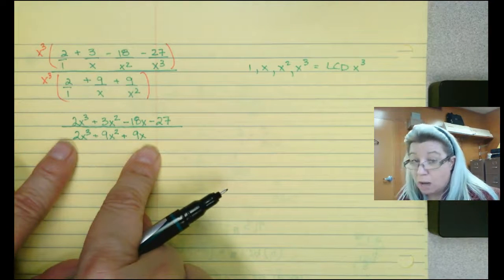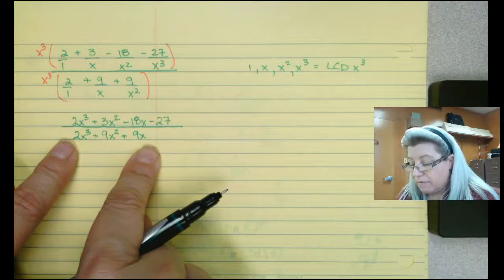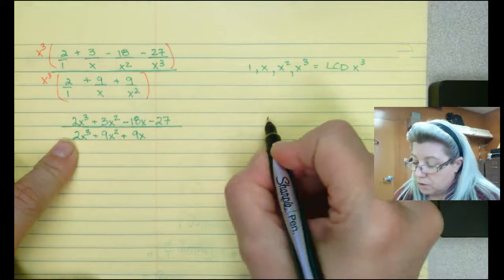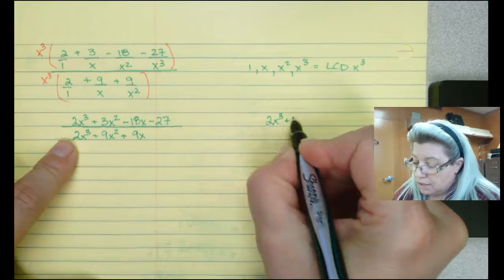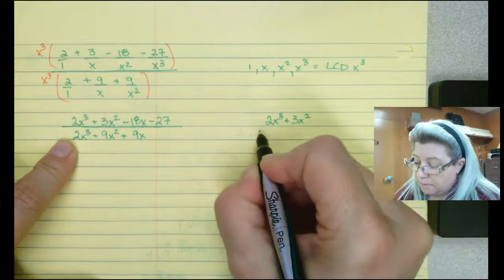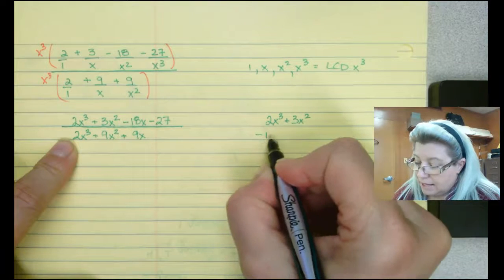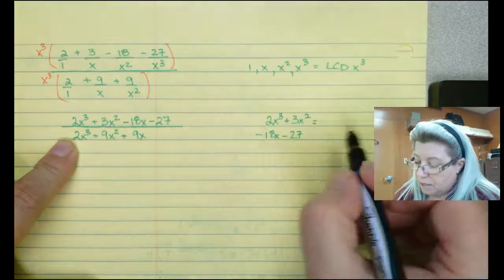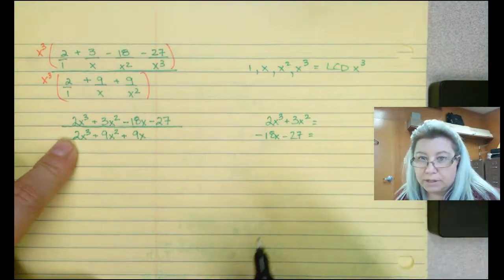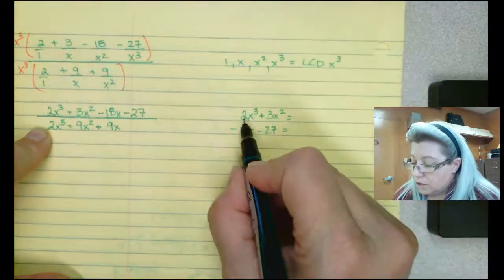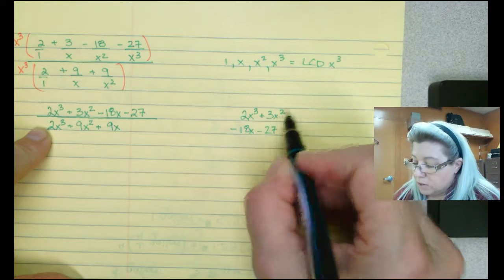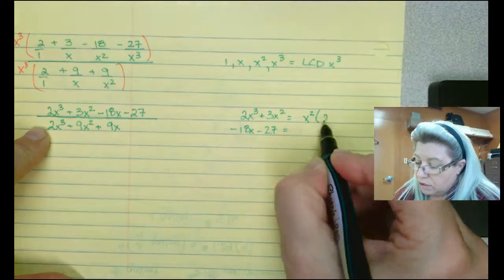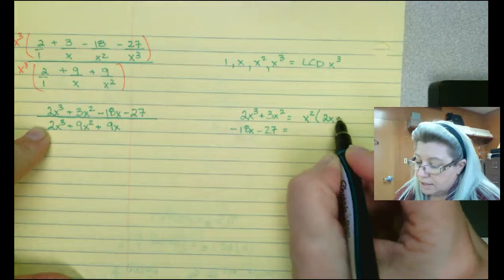Since the top number has 4 terms, I'm going to split them apart into groups: 2x cubed plus 3x squared, and negative 18x minus 27, and factor each of those separately. 2x cubed plus 3x squared, they definitely have an x squared in common, leaving 2x plus 3.